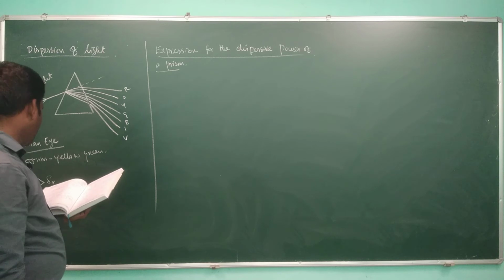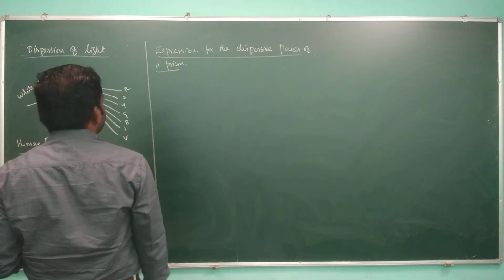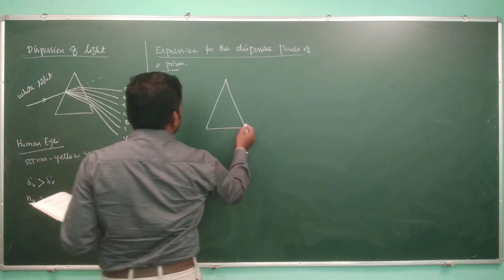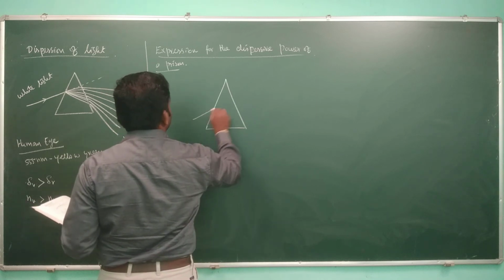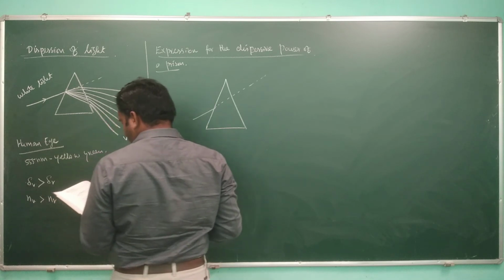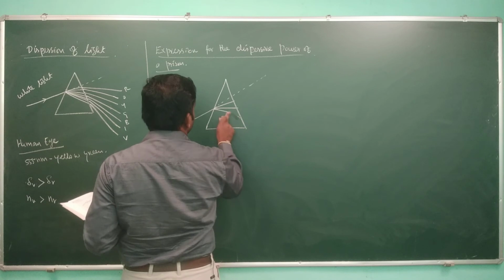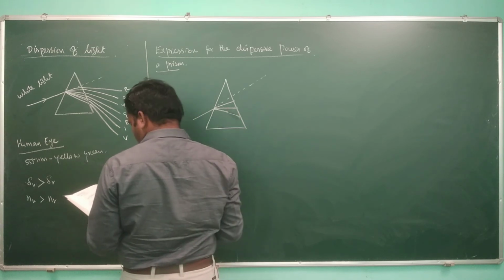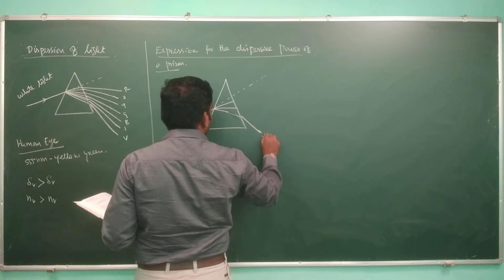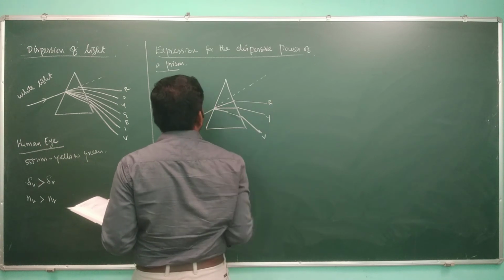Now, in order to find an expression for the dispersive power of a particular prism, let us consider a prism and only 3 colors. This is the direction for the undispersed light, and let us consider 3 colors: one is violet, another is yellow, another is red.